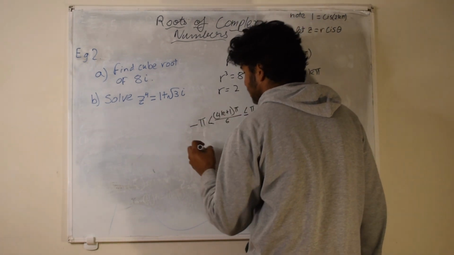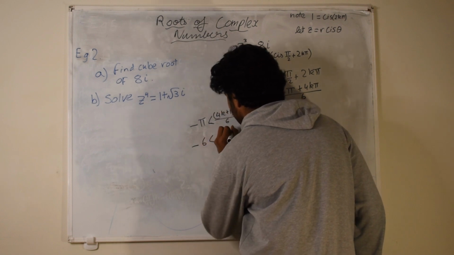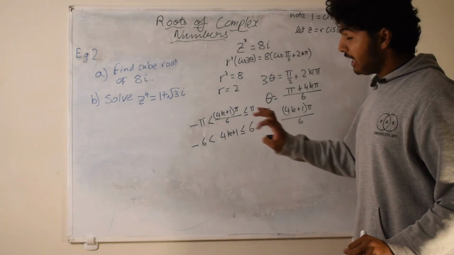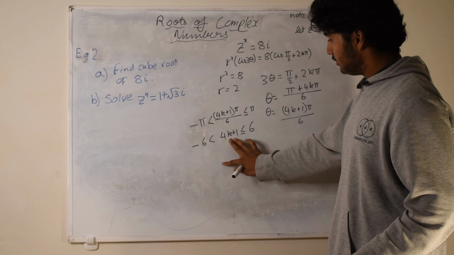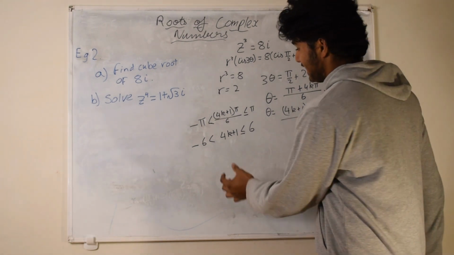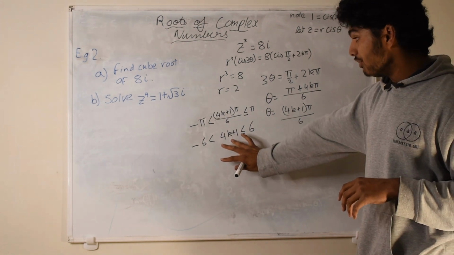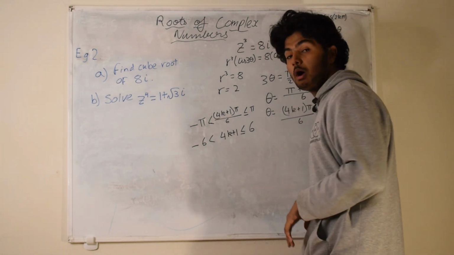The pi and pi cancel out. So we get negative 6 is less than 4k plus 1, which is less than or equal to 6. We've got to be careful here. We need to know for what values of k we get an argument that stays within negative 6 and 6. If we sub in k equals 0, is that between negative 6 and 6? Yeah, we get 1.